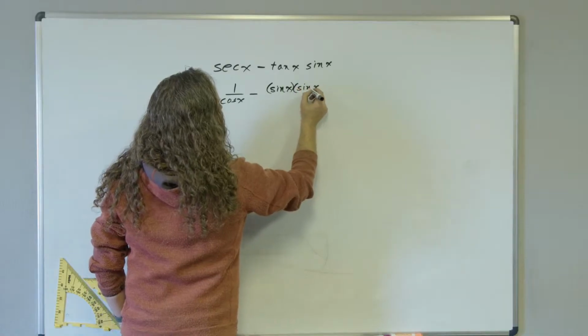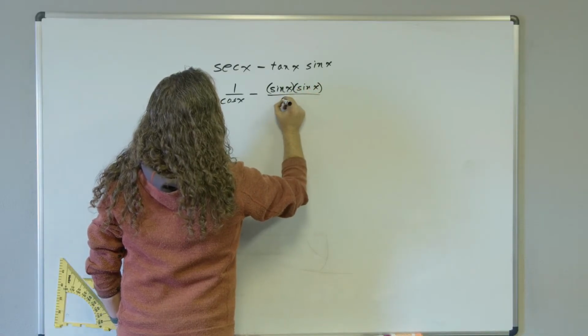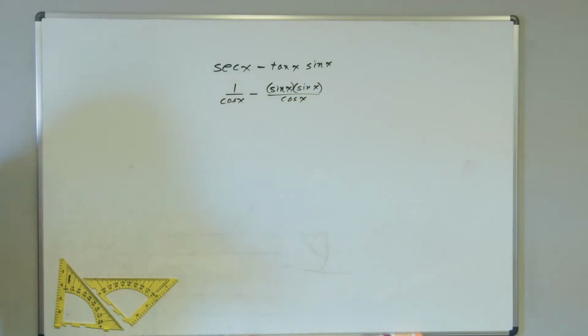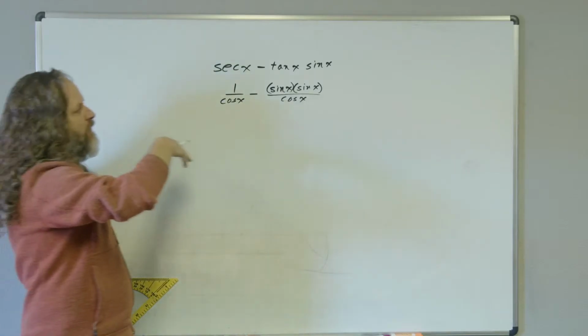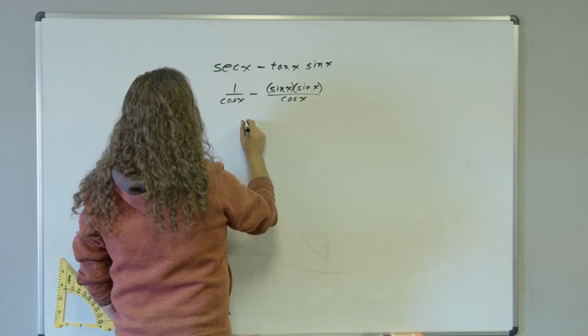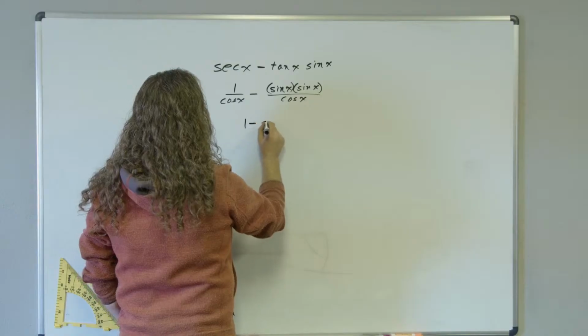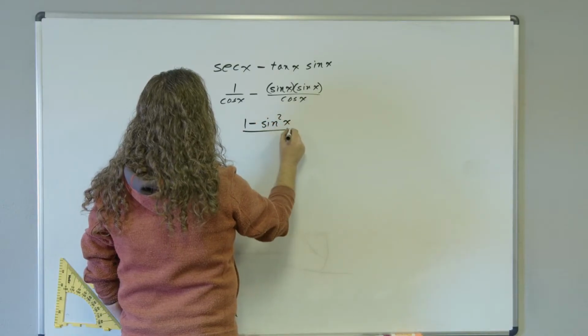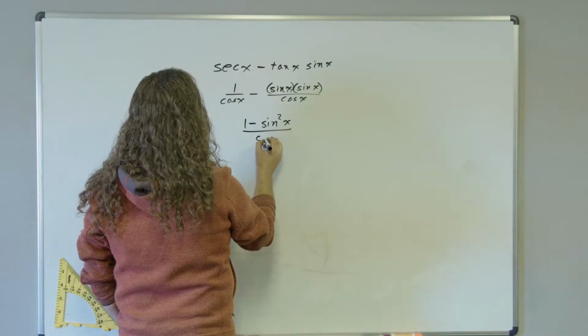Sine x times sine x is sine squared x. They have the same denominator, so we can combine that into one fraction. So we've got 1 minus the sine squared x over cosine of x.